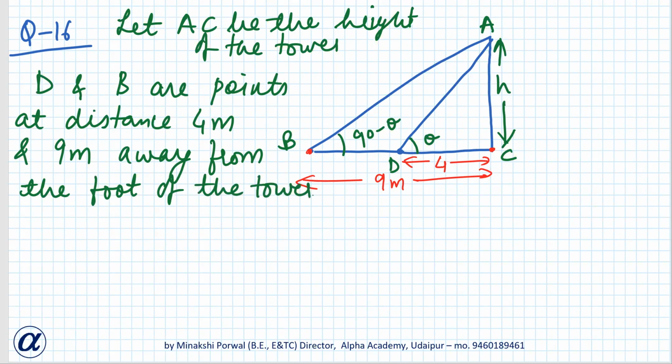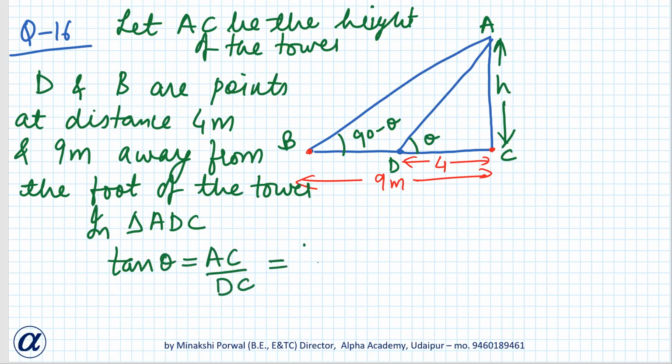Now in triangle ADC, whatever we are interested in is perpendicular and base only, so we'll be using tan theta. Tan theta equals perpendicular upon base, that is H upon 4.